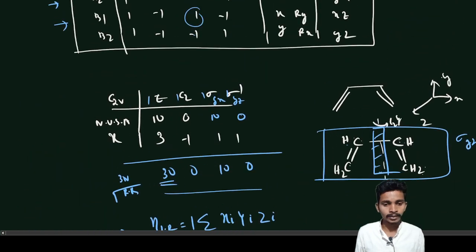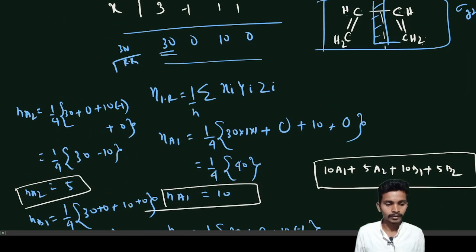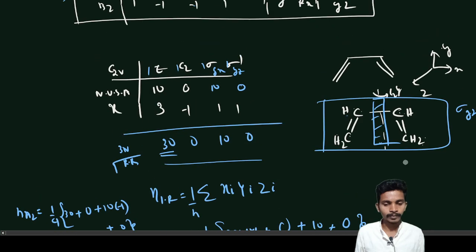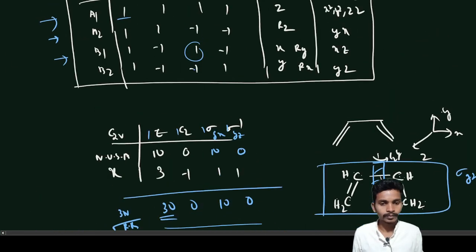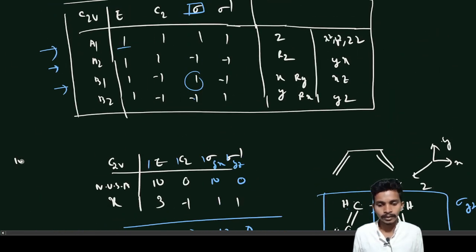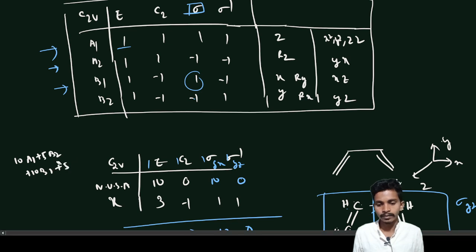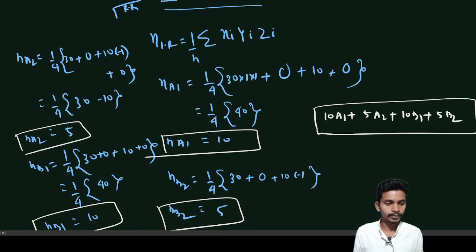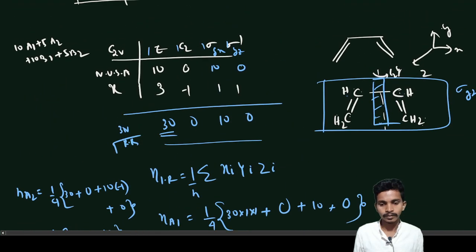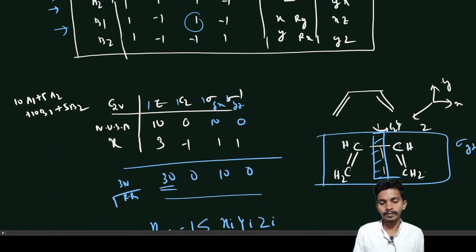So whether it is correct or not, how will you check? I will write 10, 5, 10, 5. Okay. So I will write 10A1 plus 5A2 plus 10B1 plus 5B2. This one I get.